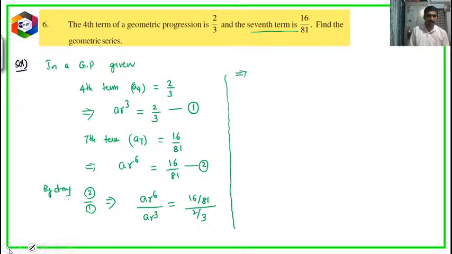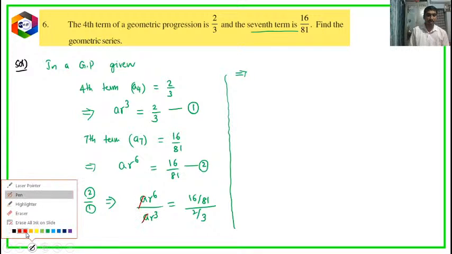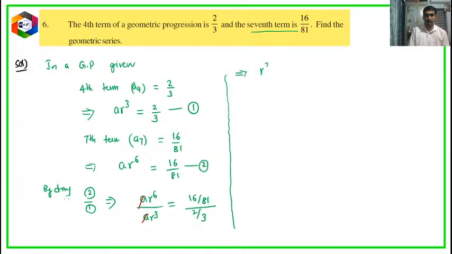Now let us simplify, and we are asked to find the total geometric progression also. Here A and A get cancelled. Observe, children, A and A get cancelled, and R power 6 by R power 3 is R cube. So R cube is equal to 16 by 81 into the reciprocal of 2 by 3, because division is nothing but multiplying with the reciprocal, which is 3 by 2.